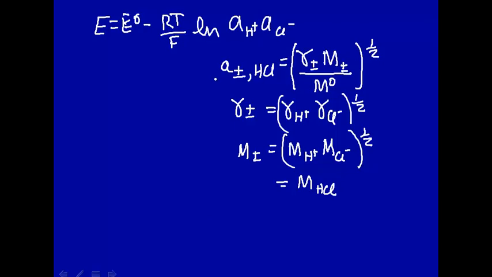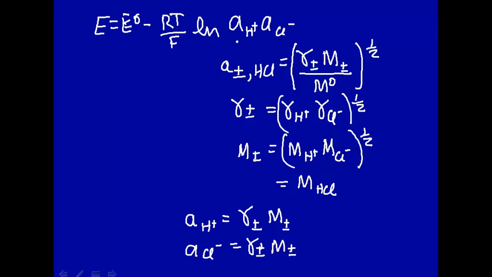Then once we have these mean activities, mean activity coefficients, and mean concentrations defined, we replace the activity of H plus with the mean activity coefficient times the average concentration, M plus minus, and the activity of Cl minus is the mean activity coefficient, which we calculated above, times the molality plus minus.